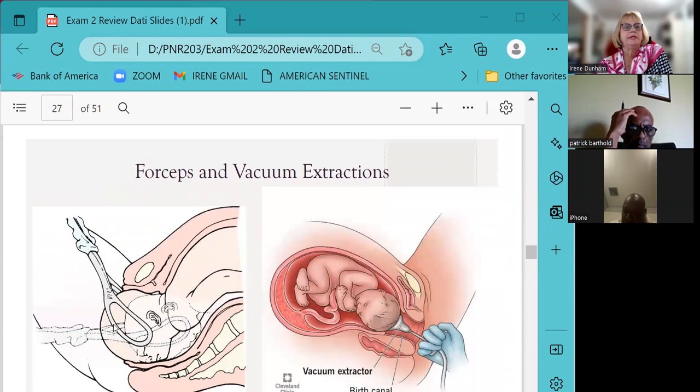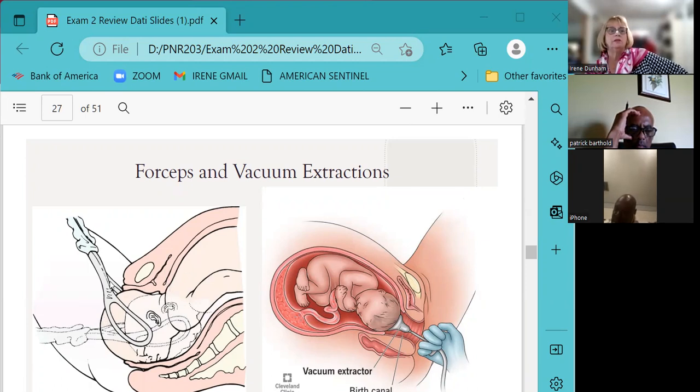Now these forceps here, these are stainless steel forceps. Stainless steel. You know how hard stainless steel is, right? They don't move, they don't give. So you put these things on the baby's head, as you can see here. Baby's right here under the symphysis pubis bone, and mommy's pushing. Well, mommy sometimes gets real tired, and so she needs some assistance.